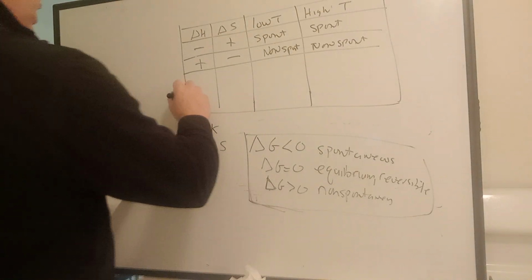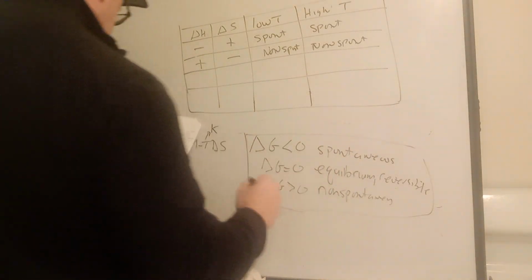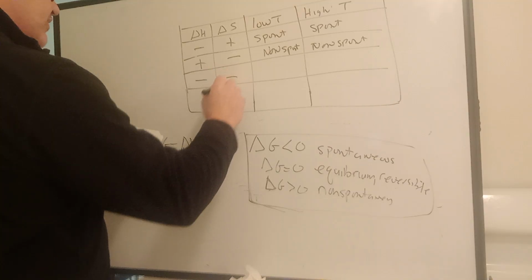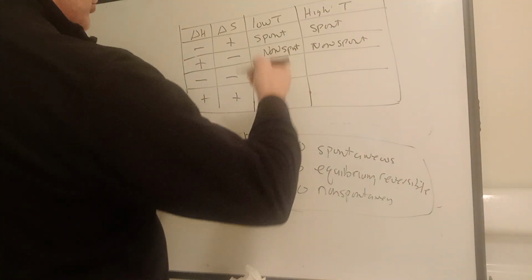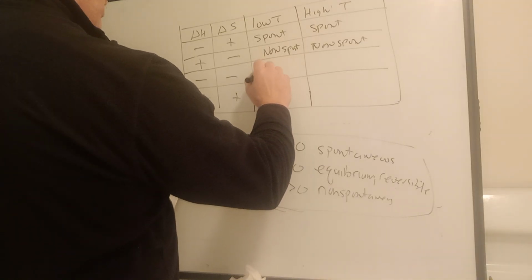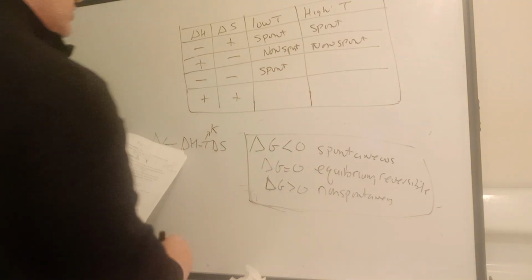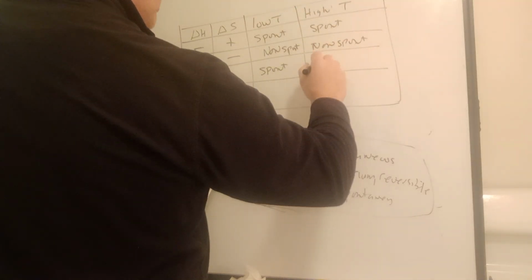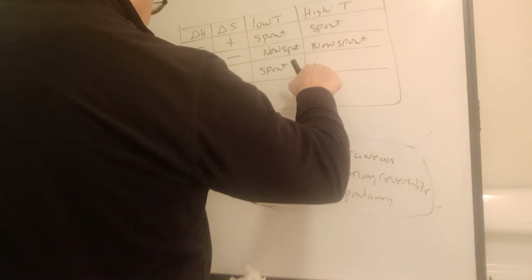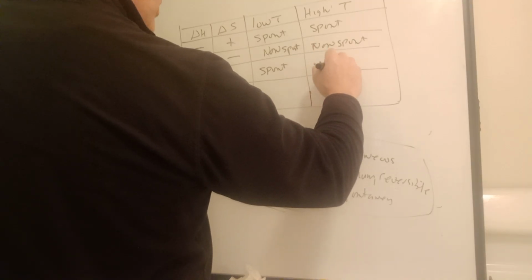The cases where you have mixed relationships, we have a negative and a positive and a positive. So in this case, there will be a certain temperature below which you'll be spontaneous, and above that same temperature, it will be non-spontaneous. So let's think about that.